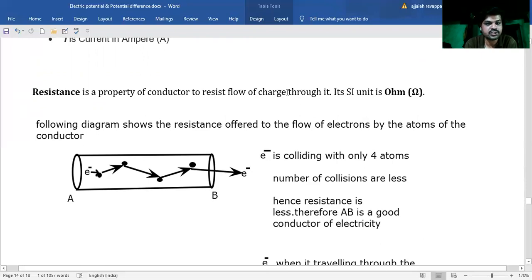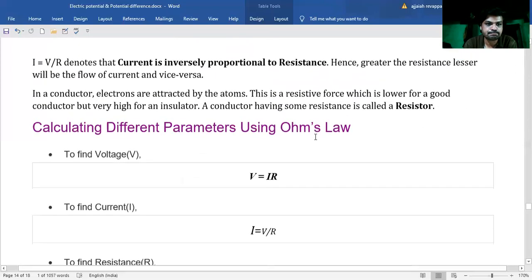This is the definition of resistance. It is denoted by R and its SI unit is ohm. This is the symbol of ohm. You can write either in words or using the symbol.